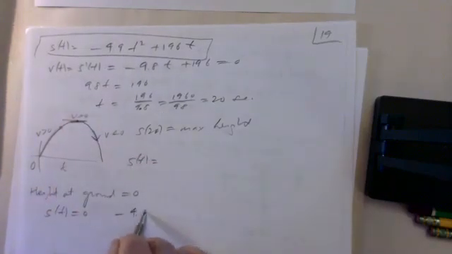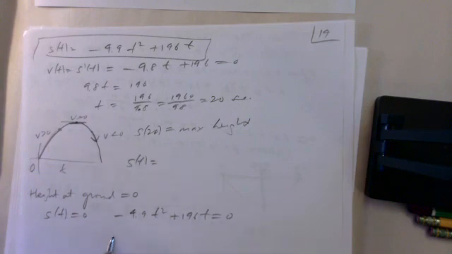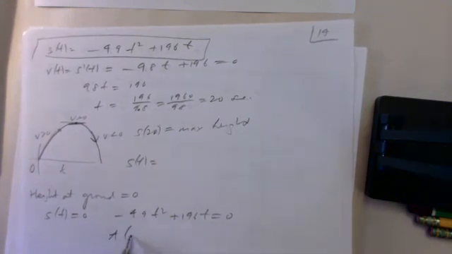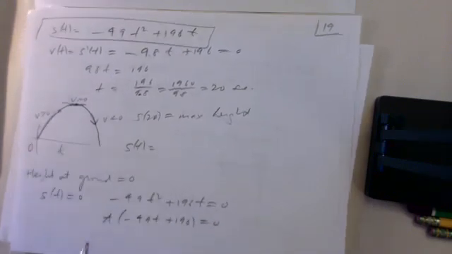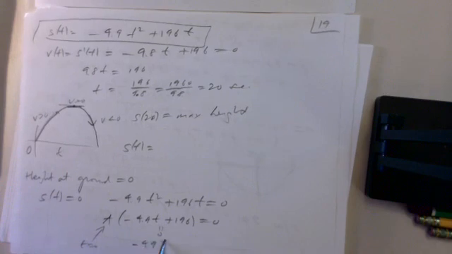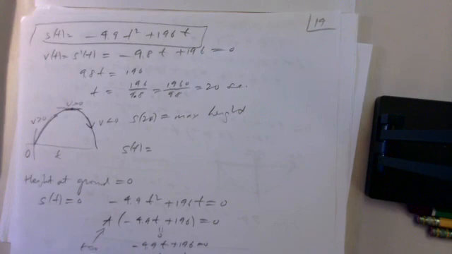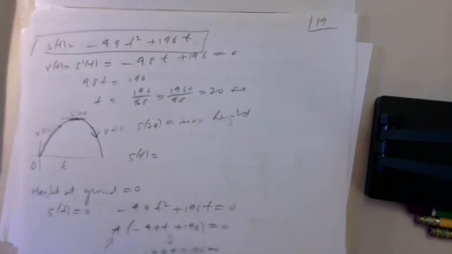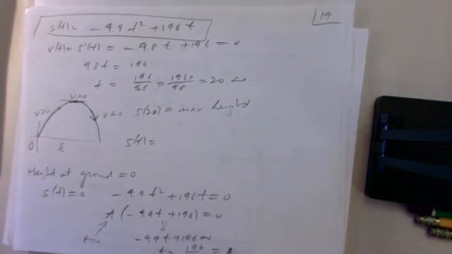That's minus 4.9 t squared plus 196 t equals 0. Well, you factor out a t. So this is t times minus 4.9 t plus 196. So either t equals 0 or minus 4.9 t plus 196 equals 0. So t is 196 over 4.9, which is 40.